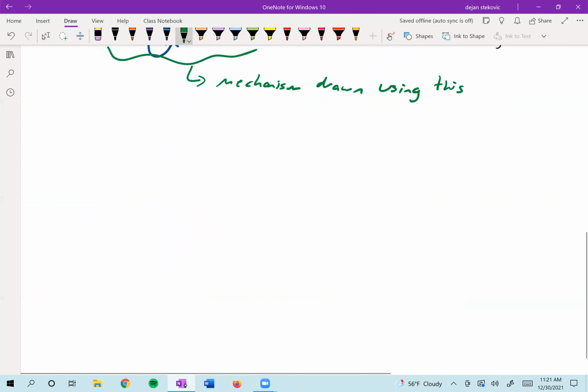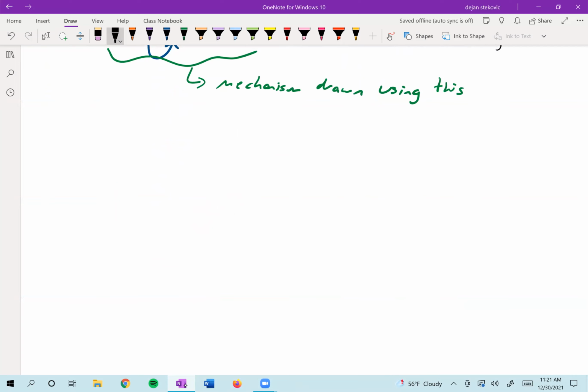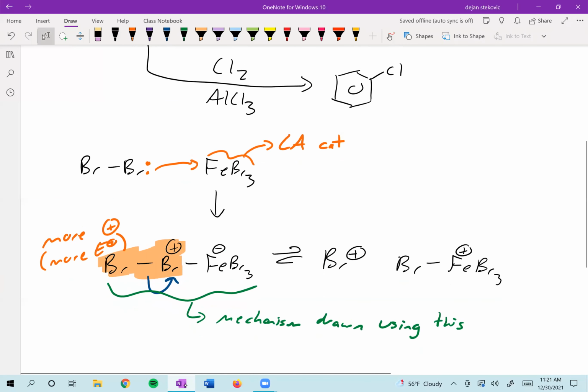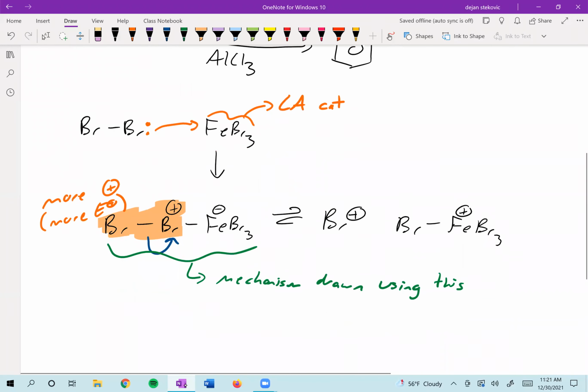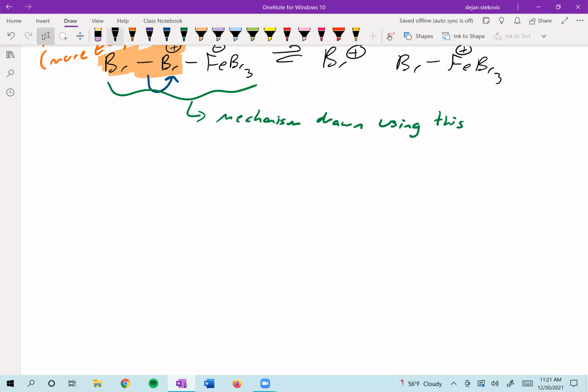All right, so let's go ahead and take a look at the mechanism. The first step in the mechanism is the formation of this complex. Once you have this complex formed, you can then have your aromatic system attack your complex. So we've got our benzene ring. We've got our more electrophilic bromine.